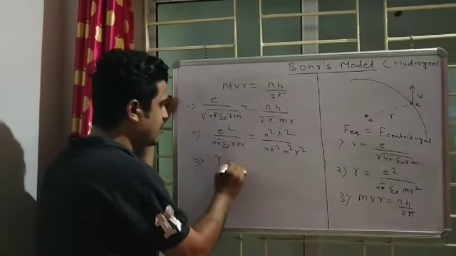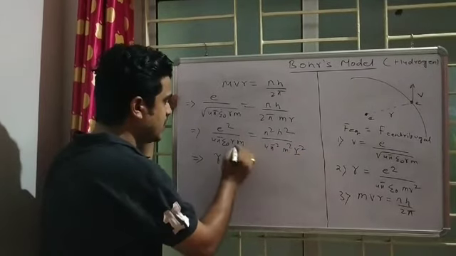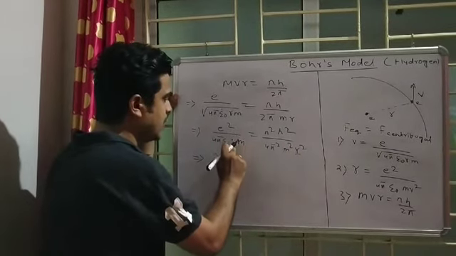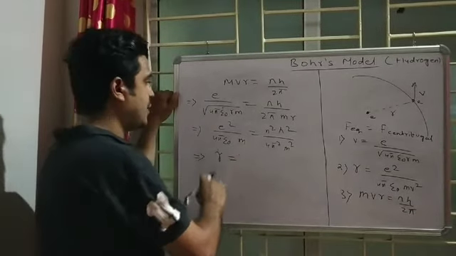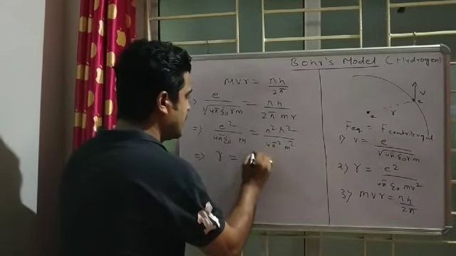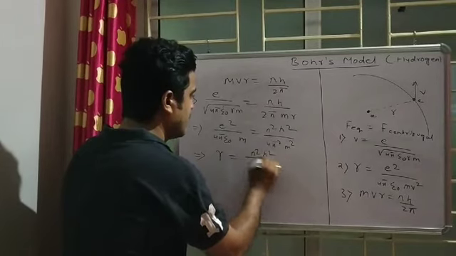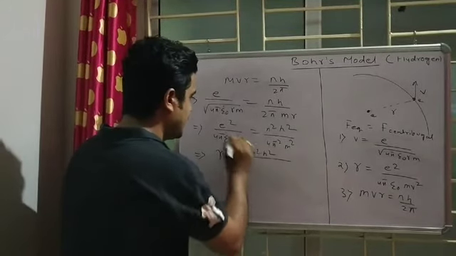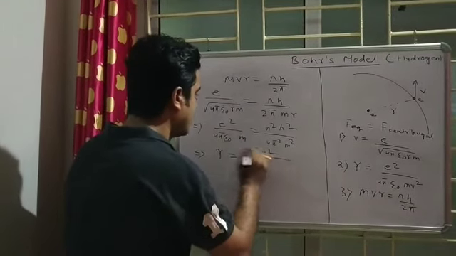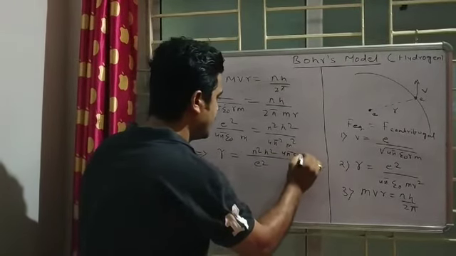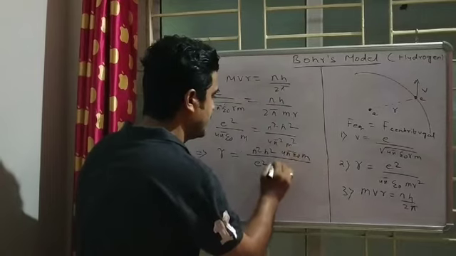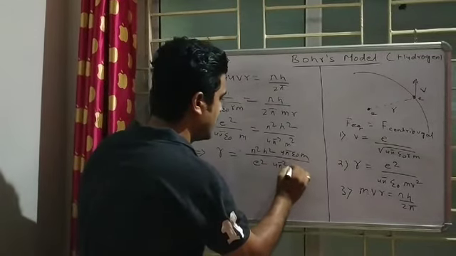So r equal to, this r will get cancelled, n square h square upon e square, this will go up, so 4 pi epsilon 0 m, and this 4 pi square m square.